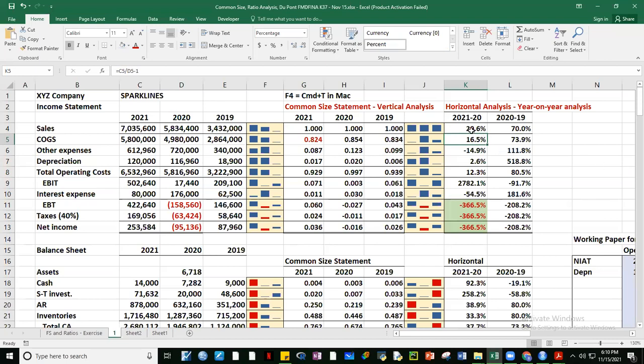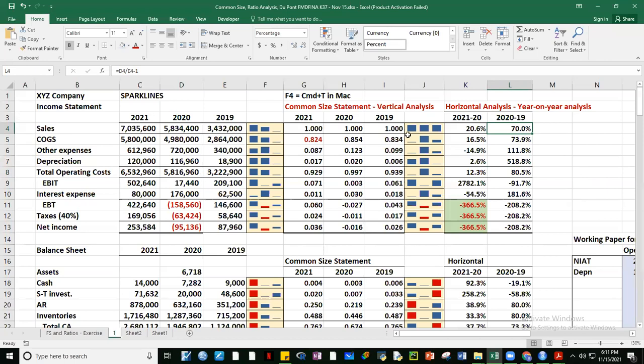So even if the increase in sales was lower in 2021, there was a lower increase in cost of goods sold. Here, in 2020, there was a greater increase in cost of goods sold compared to the increase in sales. So in fact, we can see here that total operating costs increased by 80.5%, way greater than the percentage increase in sales.